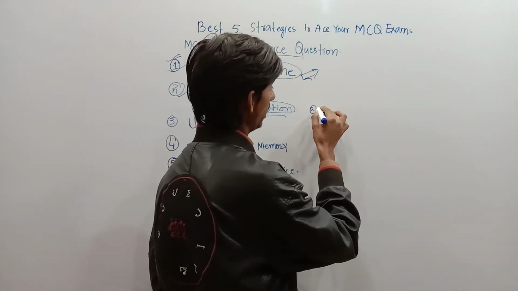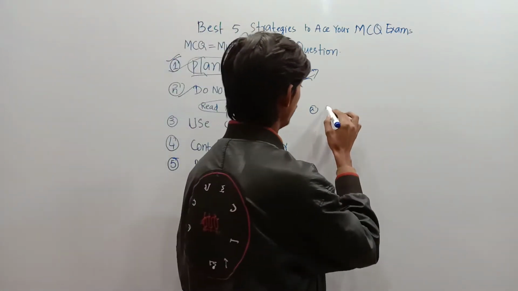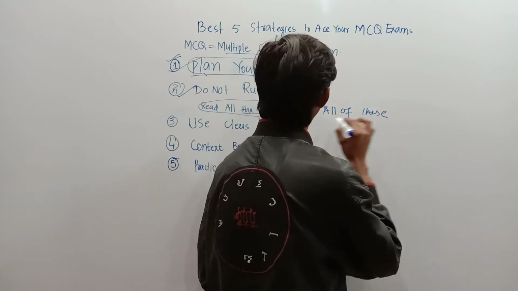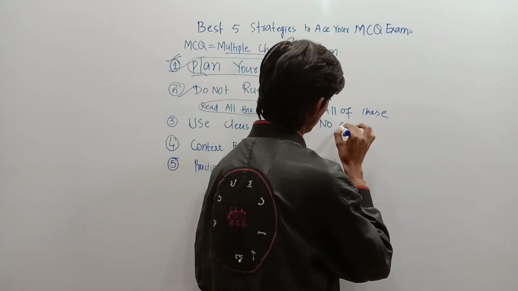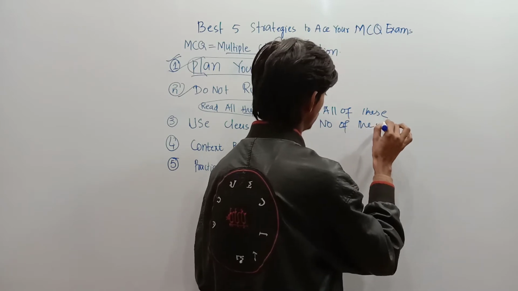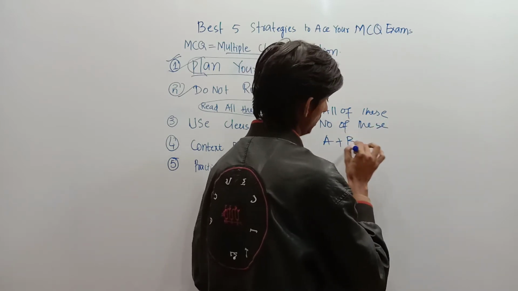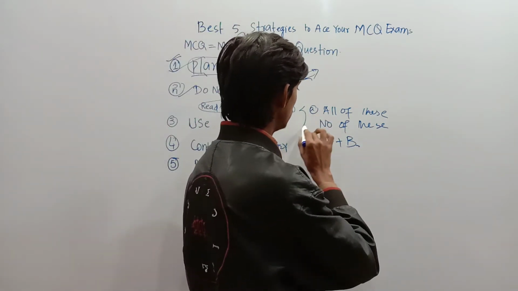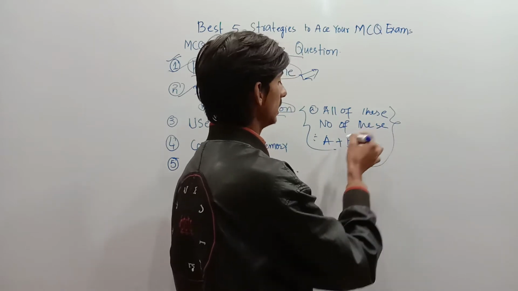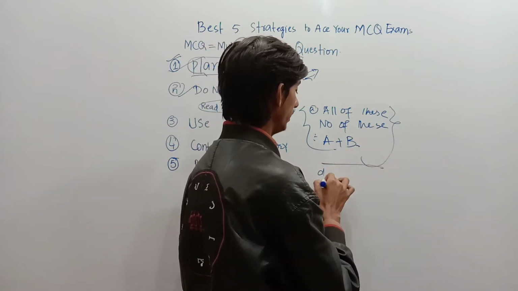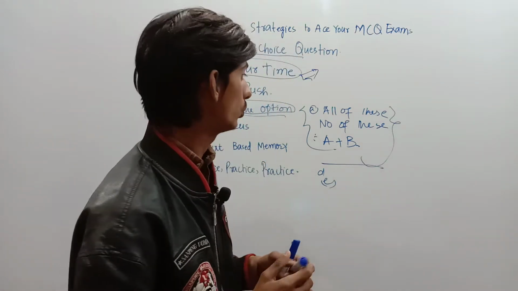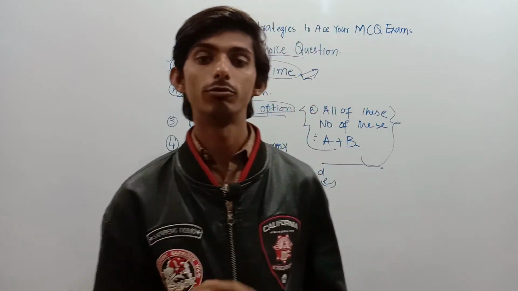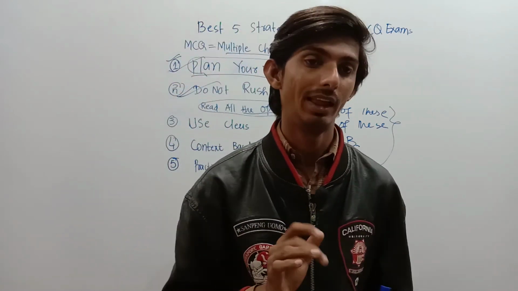In the last option, it may say all of these, none of these, or A plus B. These kinds of options may occur as the last option, D or E. So do not rush, meaning you do not have to become fast in the MCQs exams.